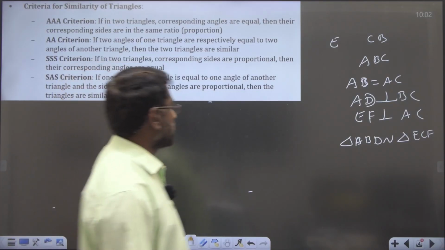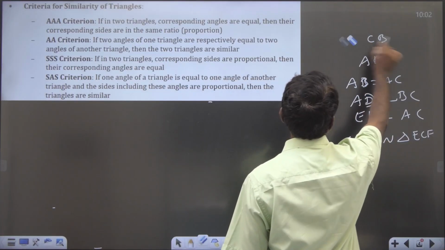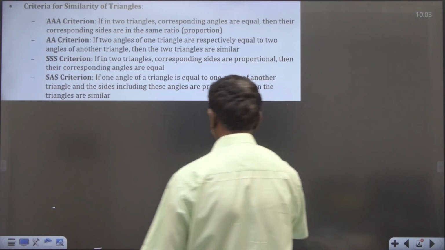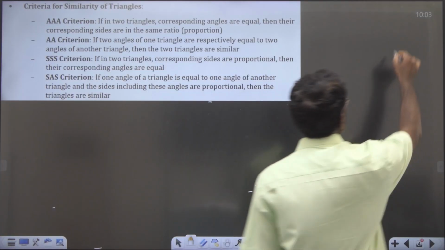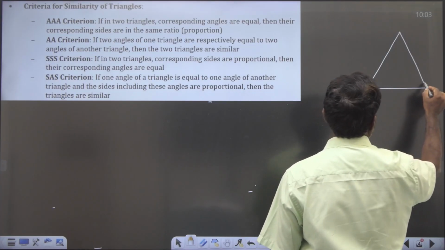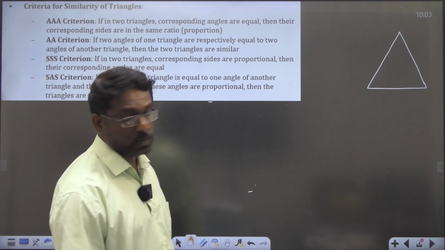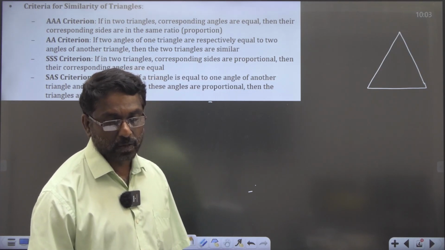Okay. The figure is also given. Suppose this is an equilateral, not equilateral, isosceles triangle, because in the question it is given that it is an isosceles triangle only.